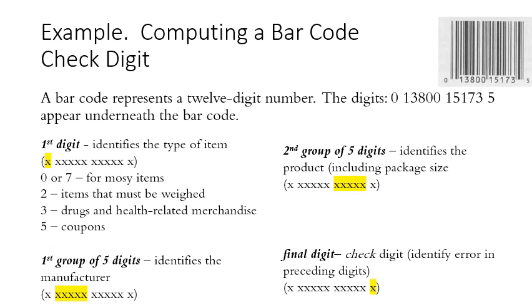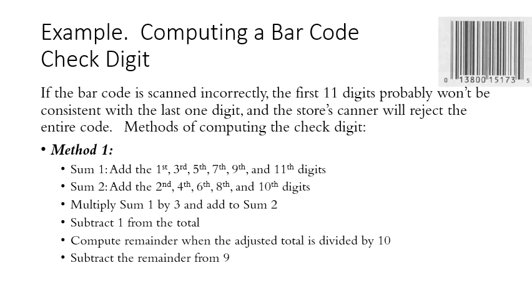Lastly, we have the final digit, what we call the check digit, which identifies errors in the preceding digits. If the barcode is scanned incorrectly, the first 11 digits probably won't be consistent with the last digit, and the store's scanner will reject the entire code.